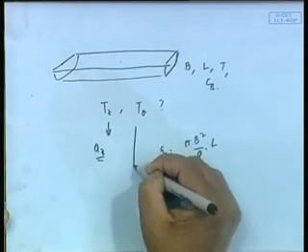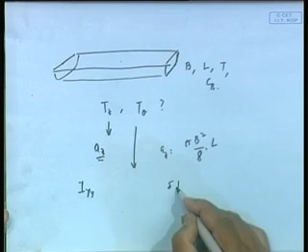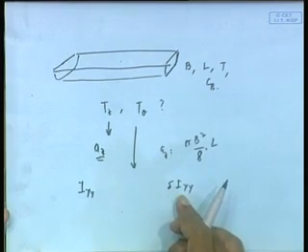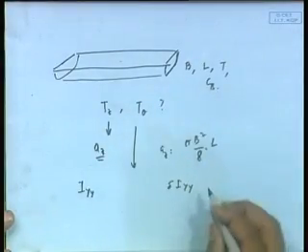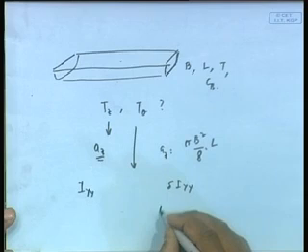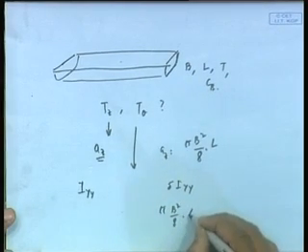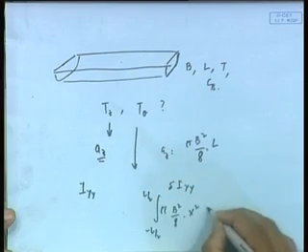For T theta I need two things, I need Iyy as well as I need delta Iyy. Remember, let us talk of delta Iyy first. How much is it? It is a uniform cross section. So, I have actually pi B square by 8 into x square integration from minus L by 2 to plus L by 2 dx.